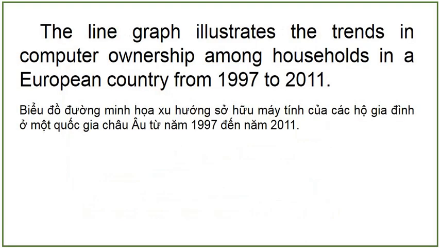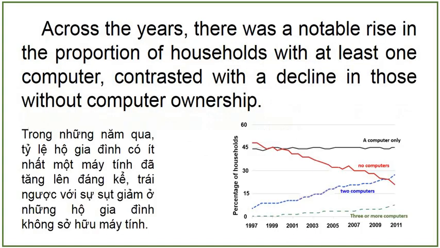The line graph illustrates the trends in computer ownership among households in a European country from 1997 to 2011. Across the years, there was a notable rise in the proportion of households with at least one computer, contrasted with the decline in those without computer ownership.